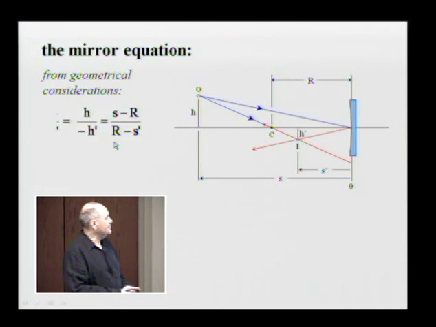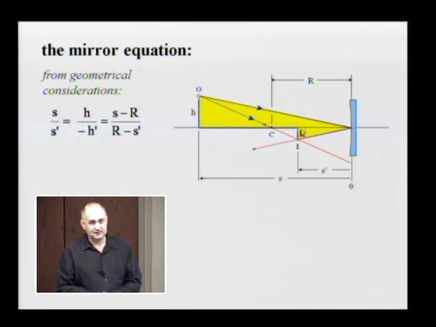I can write another proportion using these triangles. They are also similar. So this time, the ratio of those two vertical components is equal to the ratio of these sides, so it is S over S prime.